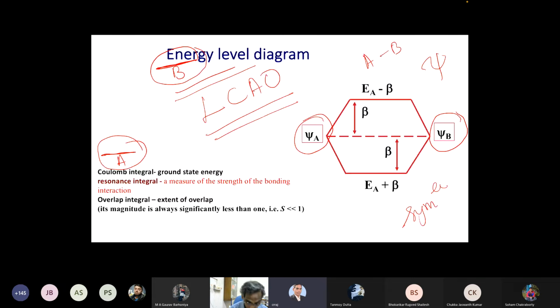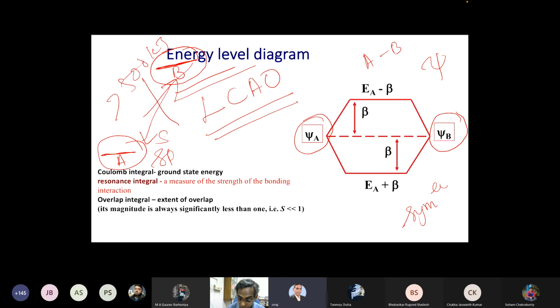Let us assume that they have the same symmetry, say spherical symmetry, an S orbital. Now the energy gap between these two is, say, more than 500 kilojoules. So on what basis will these two come close to have an effective overlap? There is no question of overlap. So the energy should be similar.